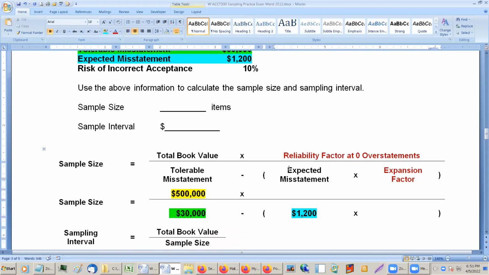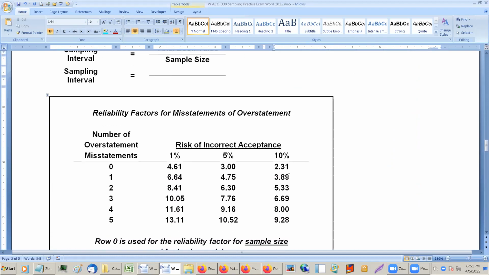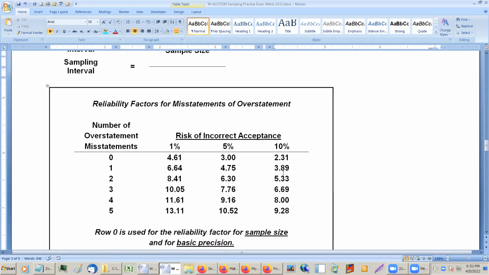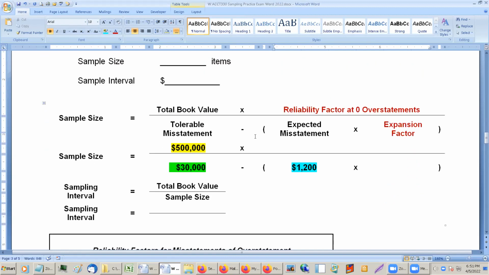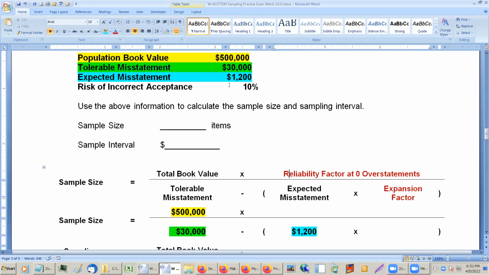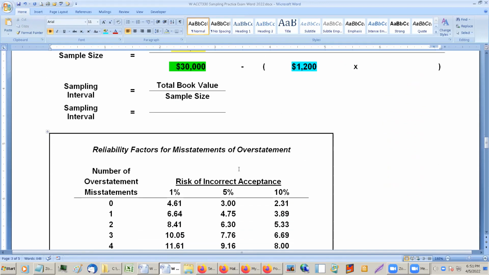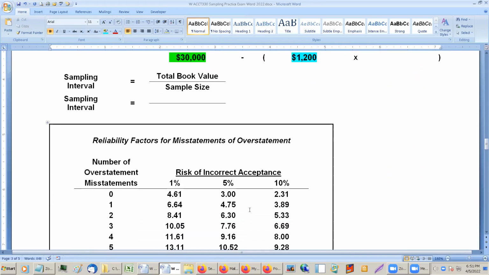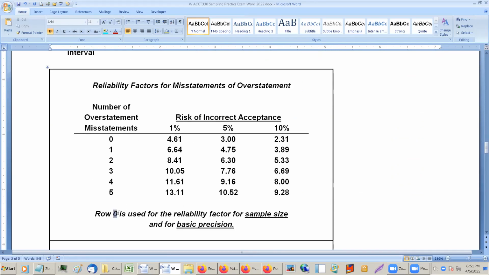So let's do the reliability factor first. We'll go down here. And the risk of incorrect acceptance is 10%. So coming down here, use row 0 for sample size, which is what we're doing.